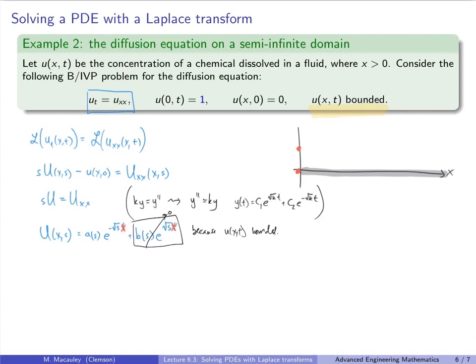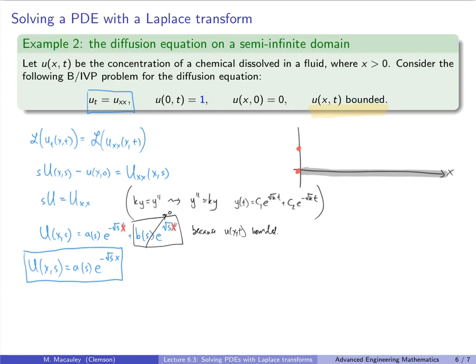In other words, you can assume that b is 0. So here's what that means. That means that we have solved for U of x, s, and it is a of s times e to the negative root s times x. Let me box that. So this is the Laplace transform of our solution.